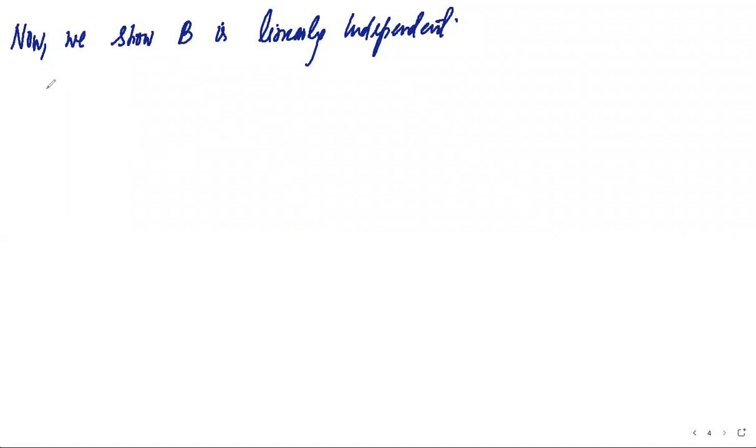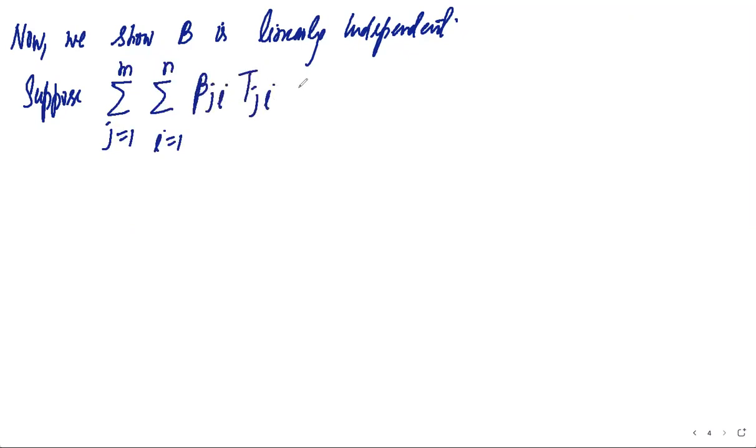So suppose summation j from 1 to m, summation i from 1 to n. Let us write beta now, beta_ji t_ji is equal to 0. Suppose this is equal to 0. So once we have this equal to 0, that is thus this equal to 0 transformation.